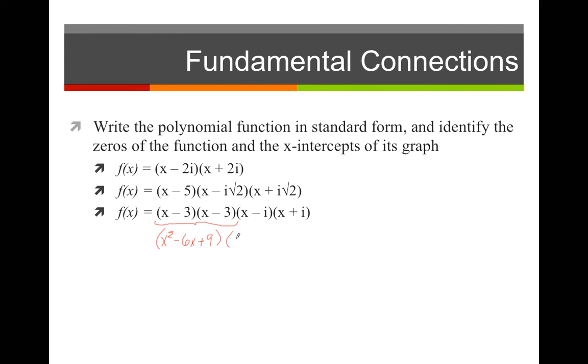And then here, I get x squared, and you notice the outers and the inners go away. I get minus i squared, which becomes a plus 1. And then I can multiply this way.